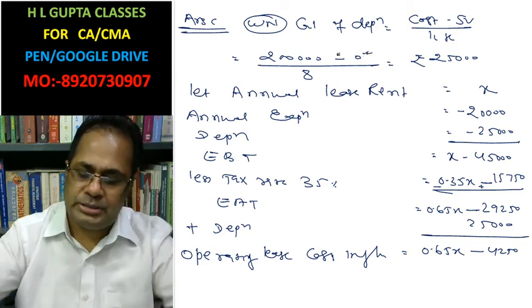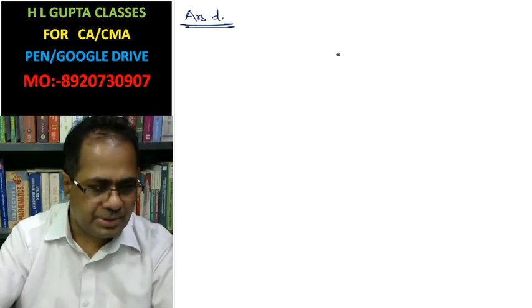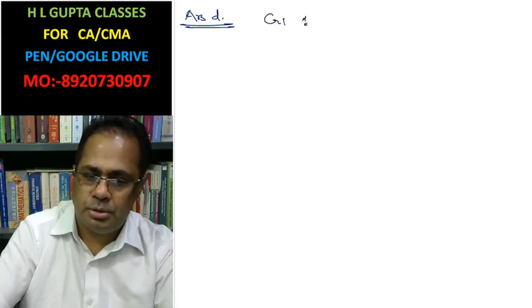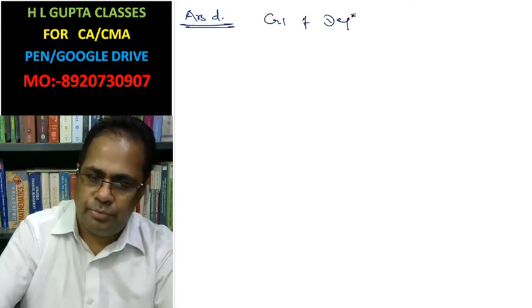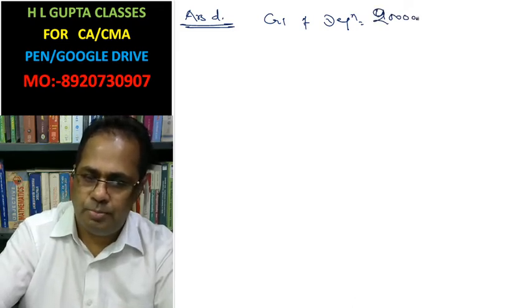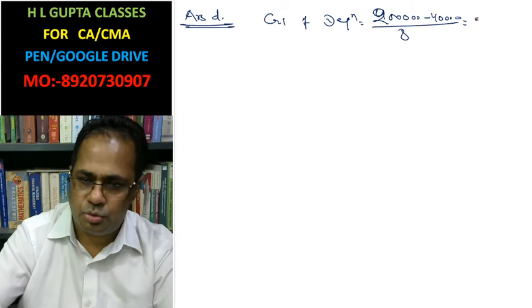Remaining all things are same. Calculation of depreciation: 2 lakh minus 40,000 divided by 8, that equals 20,000.